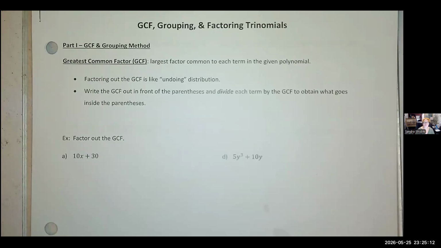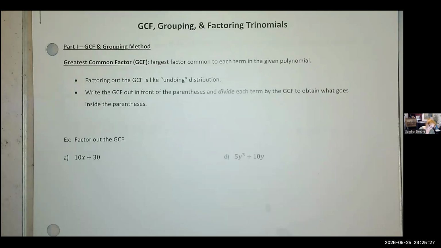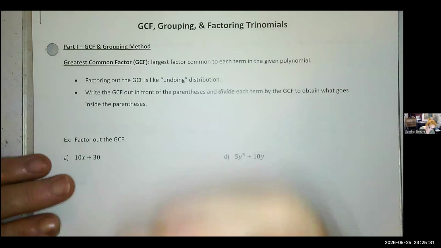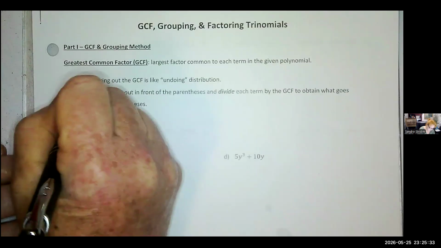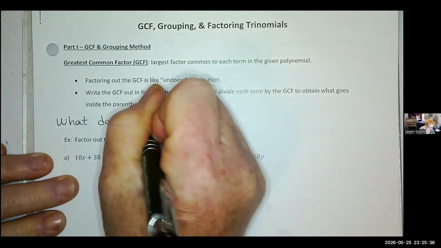That means the largest factor common to each term in the given polynomial. So what I like to say instead is, what does or what do all terms have in common? Pick a verb.